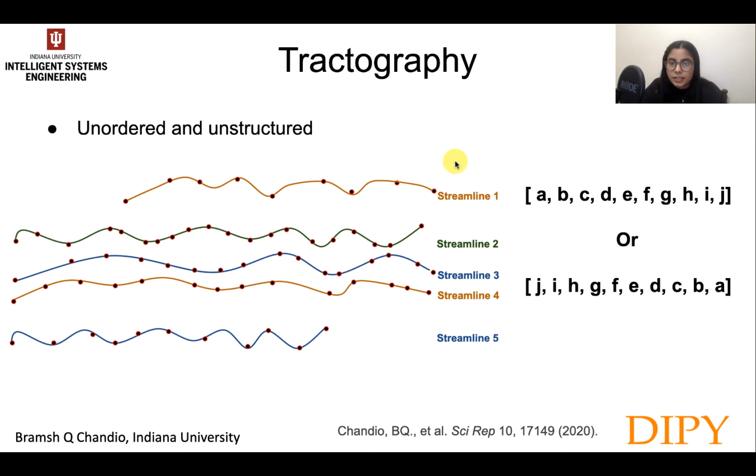And the interesting thing to note here is, even if it is flipped in a way that the first point becomes this one, as it is saved like here, J becomes the first point, I becomes the second point, and A becomes the last point. This is called a flipped streamline.